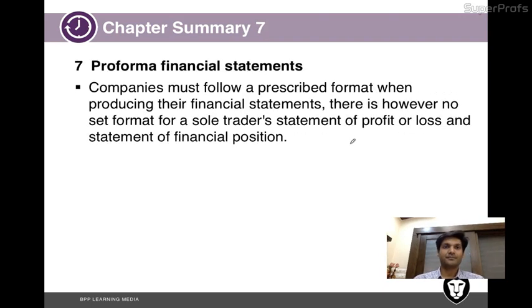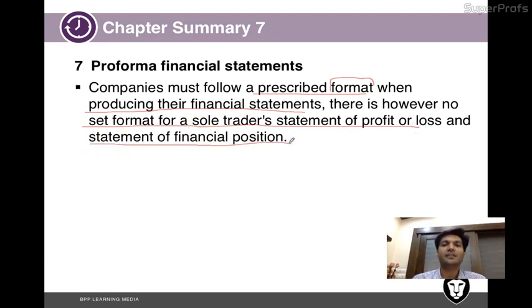And what is meant by pro forma financial statements? It means whenever a company makes the financial statements, it must follow a prescribed format. But remember, there is no prescribed format for the sole trader's statement of profit or loss and statement of financial position.